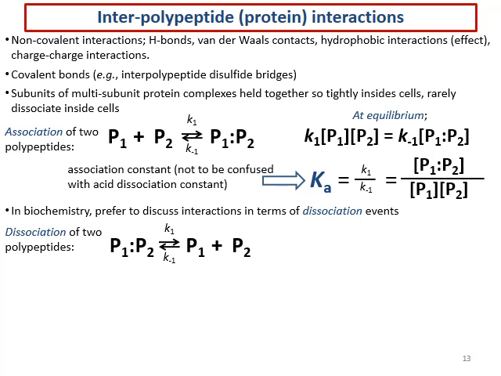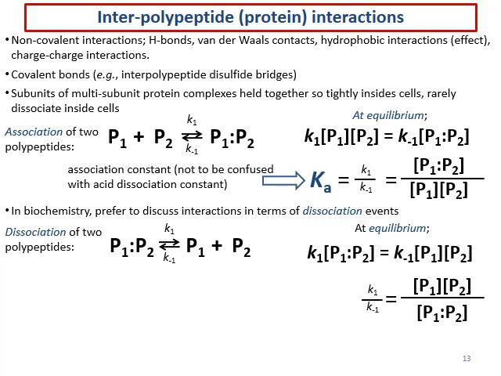So when it comes to the dissociation of two polypeptides, there we have the combined dimer falling apart into each of the individual components. We have a forward rate of dissociation and a reverse rate of dissociation. And so at equilibrium, these rates are proportional to the concentration of each of the species.